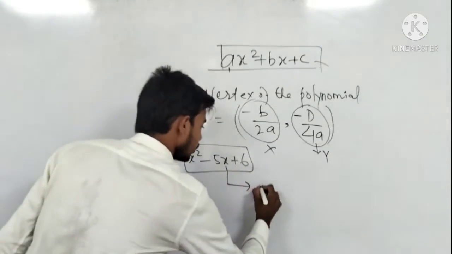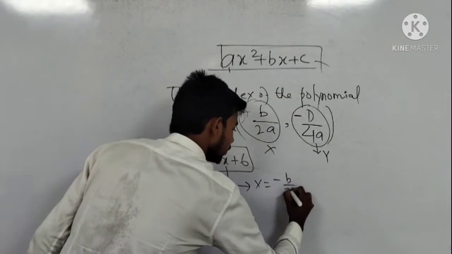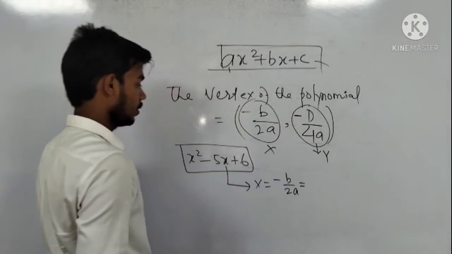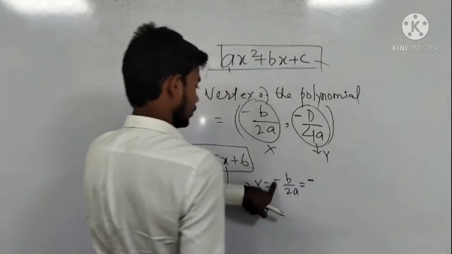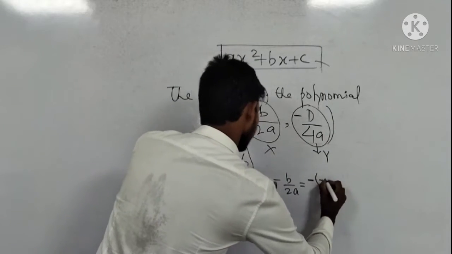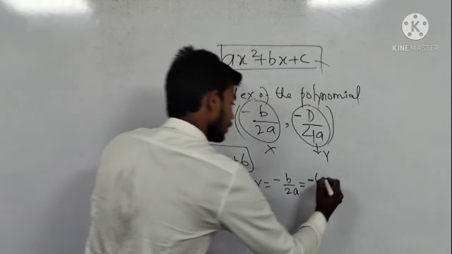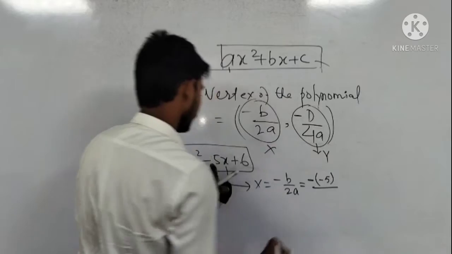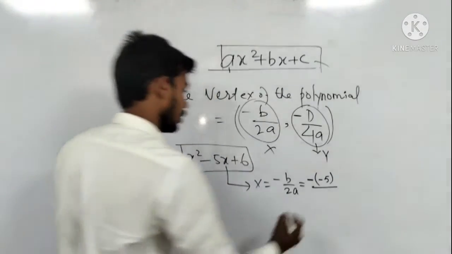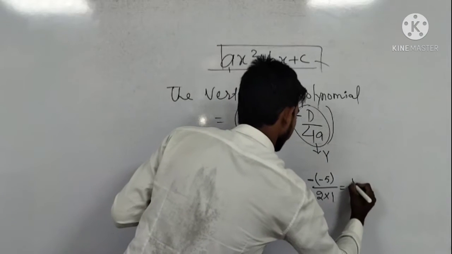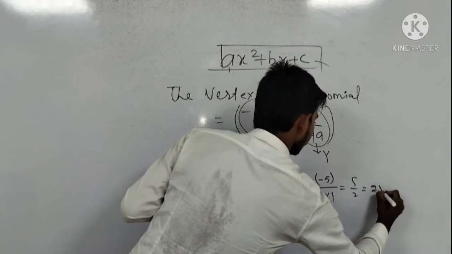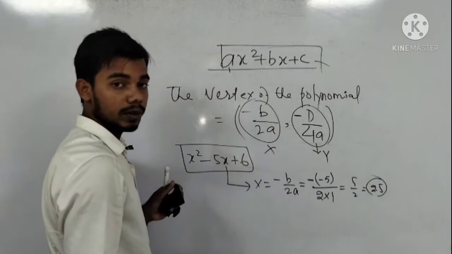Okay. Now the x will be minus b over 2a. This is the formula. In place of minus b we have minus 5, over 2 into a. What is a? It is 1. That is 5 by 2, that is 2.5.